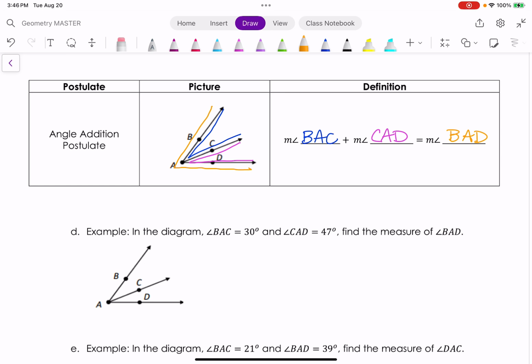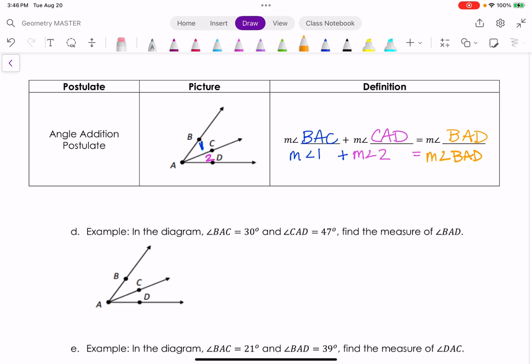The other way you could say this too, just to give you a different view of it without having to worry so much about naming them, is that if we named this angle 1 and this angle 2, we could say that the measure of angle 1 plus the measure of angle 2 equals the measure of angle BAD.